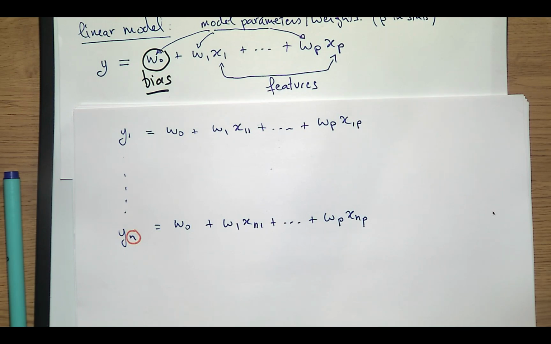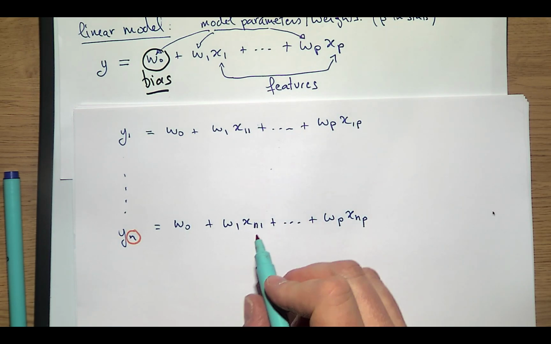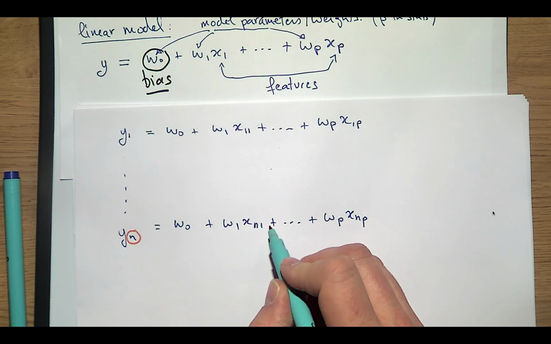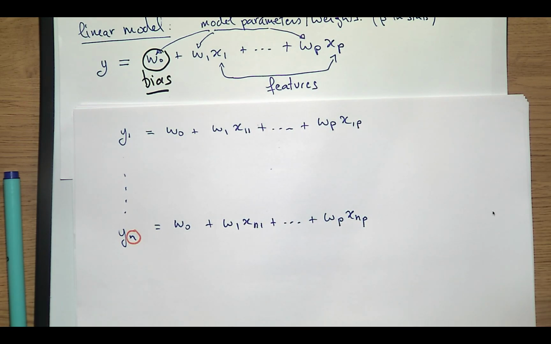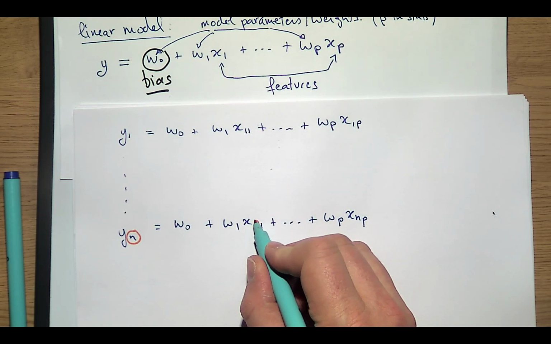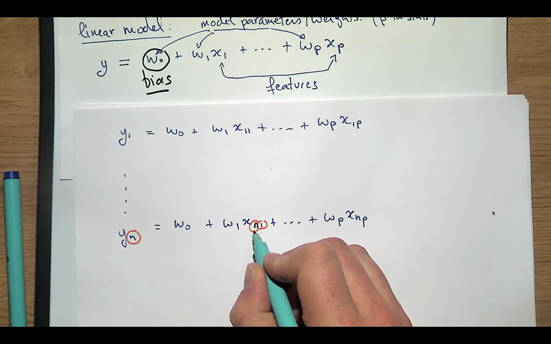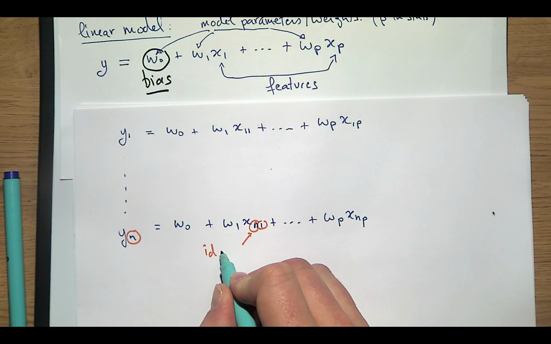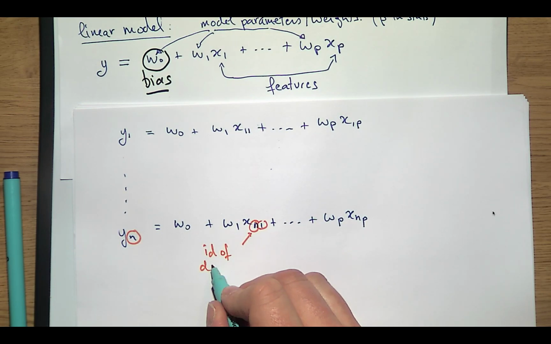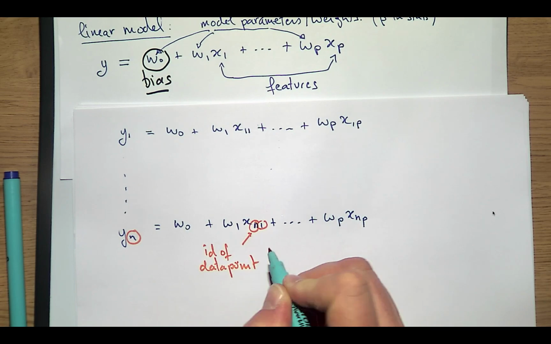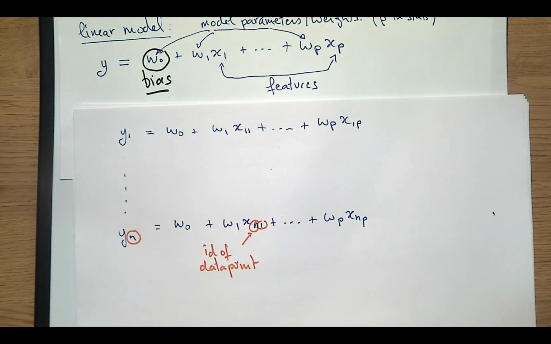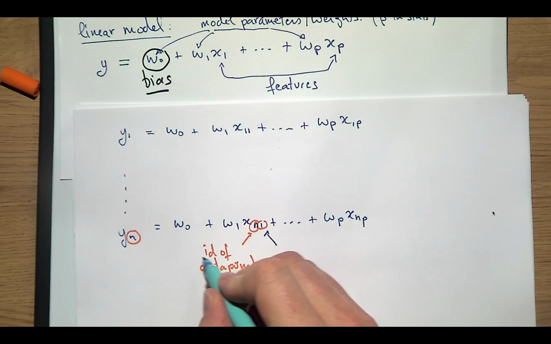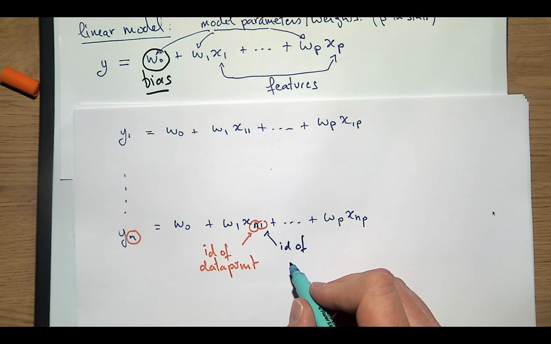So n will correspond to the number of persons we looked at, okay? And this is the first, so we have x, so x is your feature. Now we collect p features from n people, okay? So we have a matrix of these features, and we index that matrix by n and p, okay? So the first index here is the ID of data points, and the other one will be the ID of feature, okay?